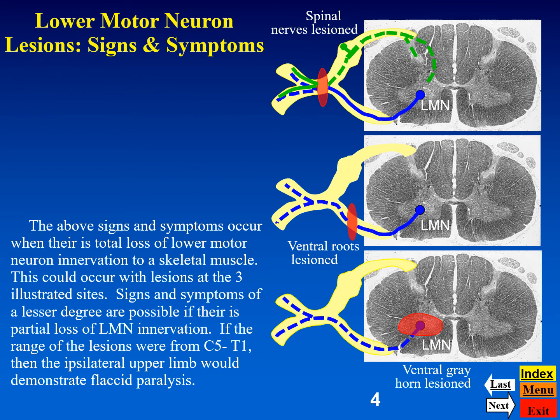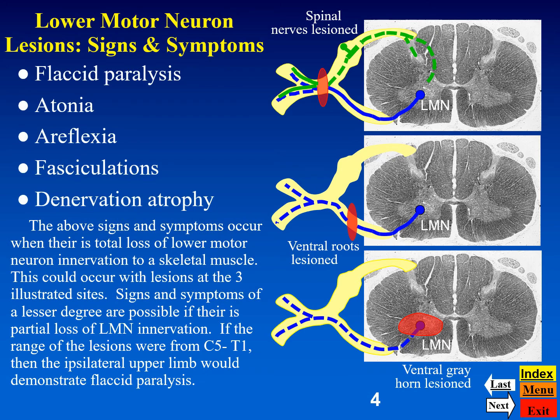And if it was a complete lesion of the nerve supply to a muscle group, you would see flaccid paralysis. No activity in that muscle at all. Atonia, areflexia, fasciculations, which are little twitchings within the muscle that develop.